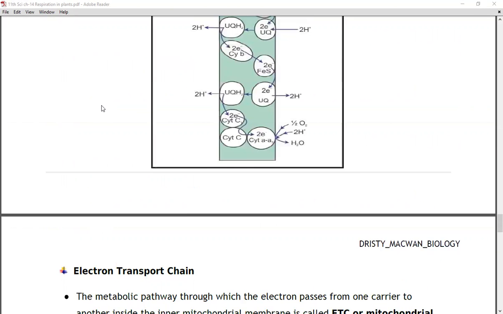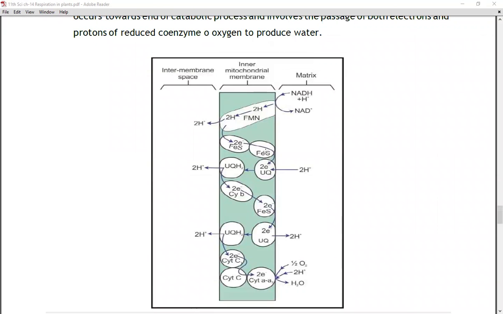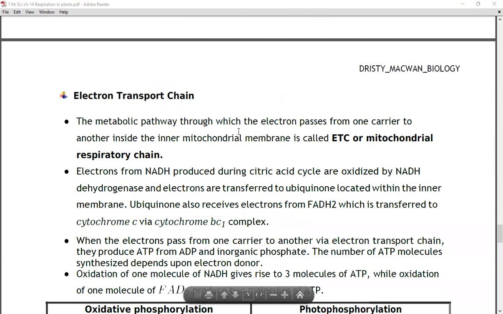As we have seen in the figure, this is the inner mitochondrial membrane in which the electrons are being transferred from one carrier to the next, and for this reason it is known as the electron transport chain or electron transport system, or simply the mitochondrial respiratory chain.